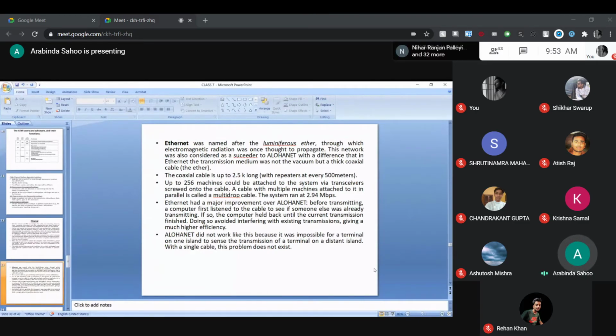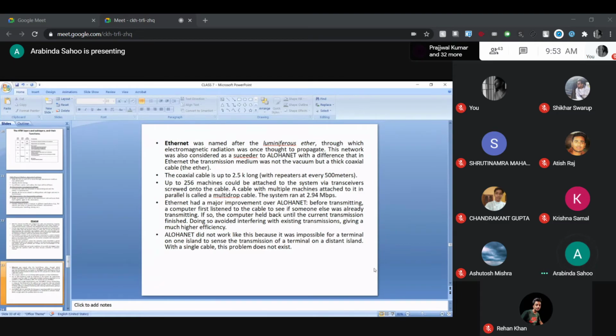So Ethernet was named after the luminous ether through which electromagnetic radiation was once thought to propagate. Initially it was thought that electromagnetic radiation can be propagated through a particular medium, that it cannot be transmitted through a vacuum.